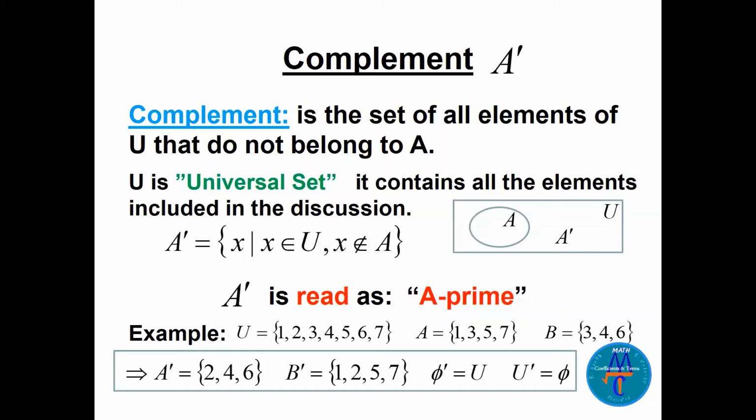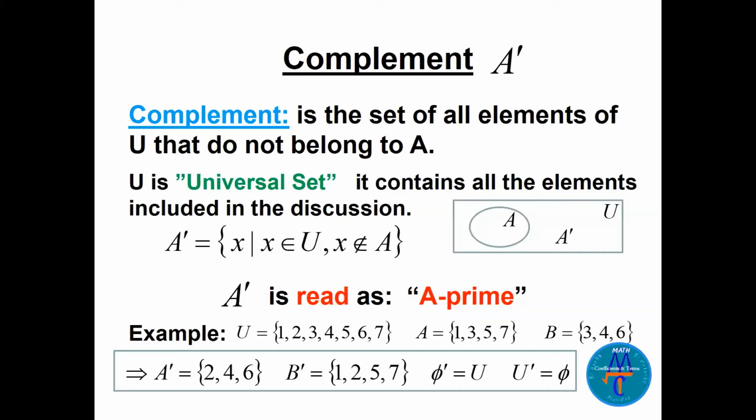Maybe you need an example here. Okay, let's take U: 1, 2, 3, 4, 5, 6, 7. That's U. Let's take A: 1, 3, 5, 7, and take another one, B: 3, 4, 6. See carefully, let's find A prime, B prime. A: 1, 3, 5, 7. What will make A prime? What will complete A to be U?